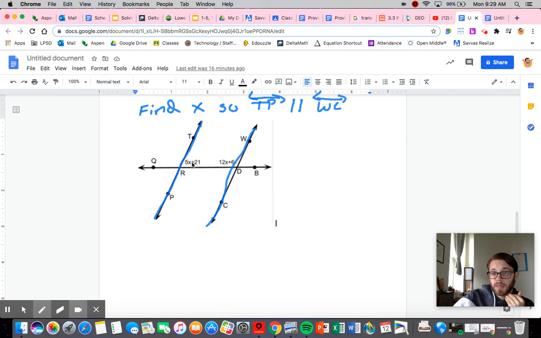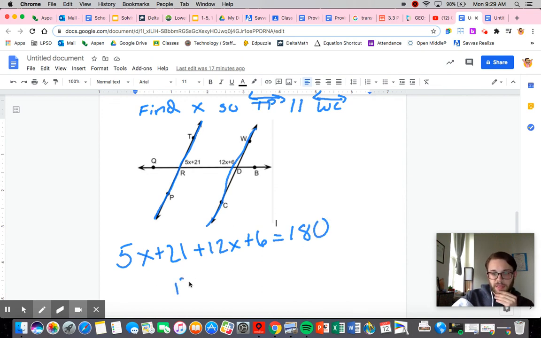these two would have to be same side interior angles, which would mean they'd have to add up to 180 degrees. So they would have to be supplementary, so I would add them together and set them equal to 180.